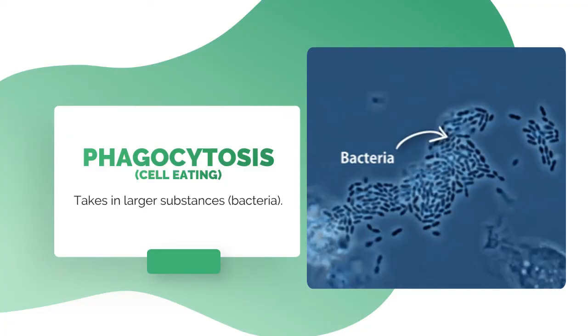Ibig sabihin po, kapag meron kayong pus or nana, meron mga cells po na lumaban sa mga bacteria. Nangyayari po karaniwan ang pus kapag in-engulf ng isang neutrophil yung isang bacteria.